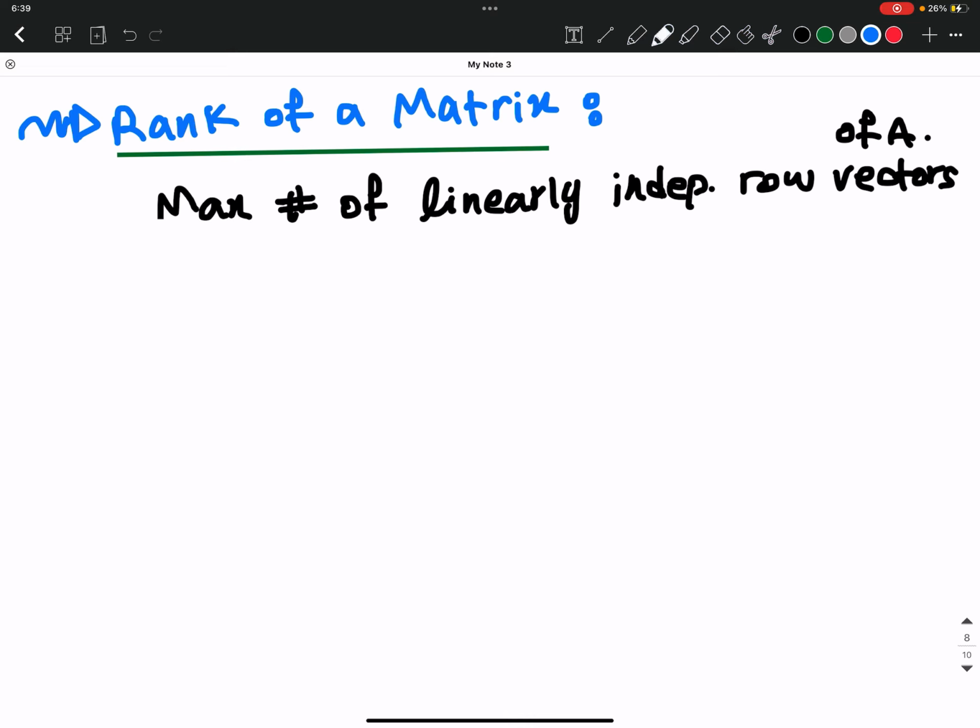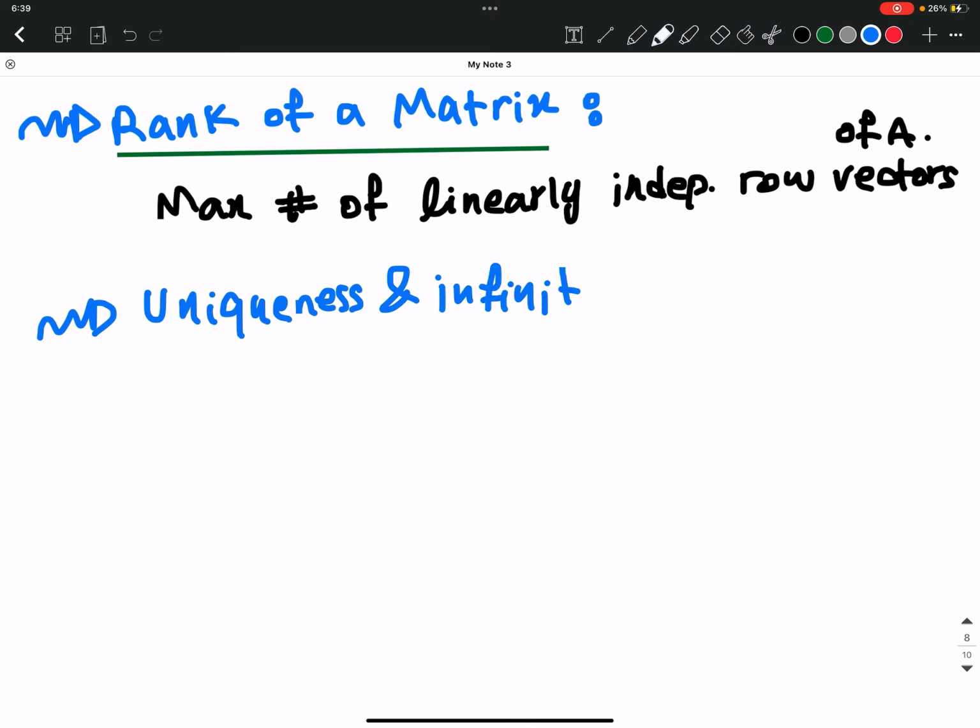So the next definition I want to make is what is uniqueness and infinite solutions. Uniqueness, what do we mean by that? And infinite solutions to our linear system.